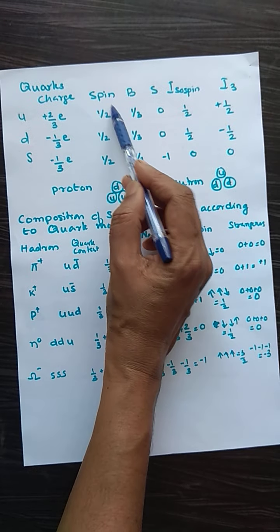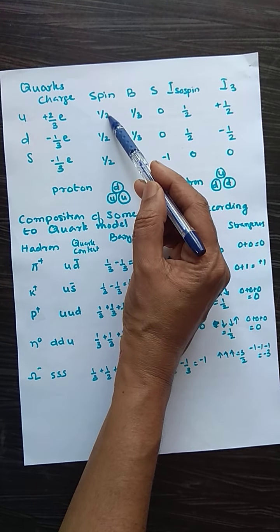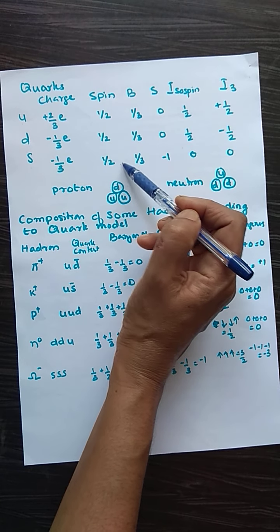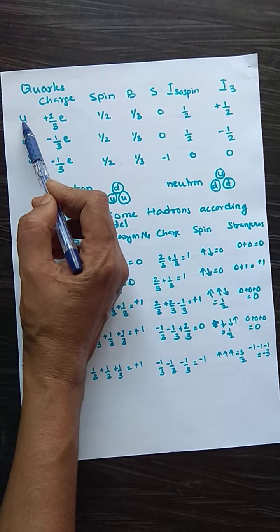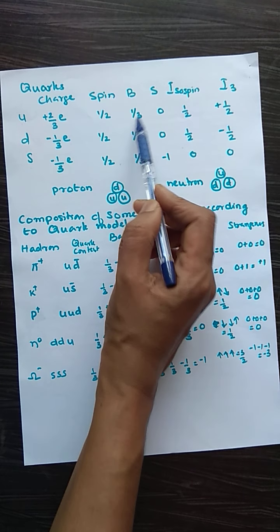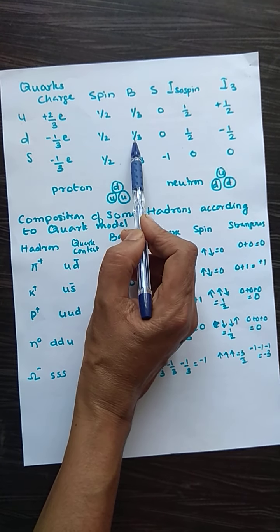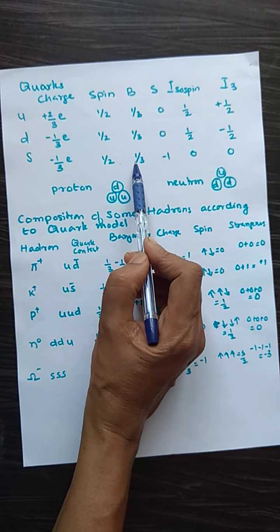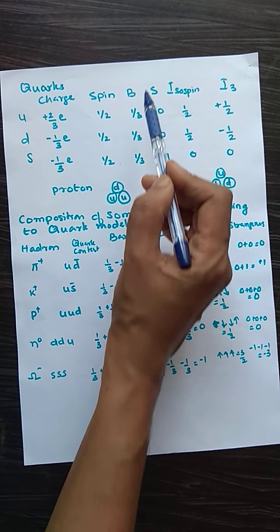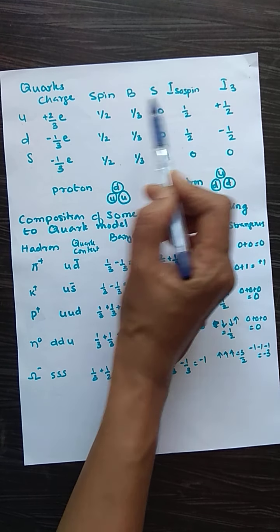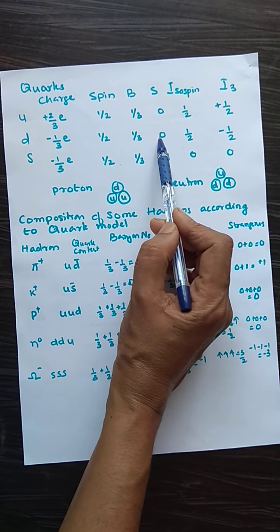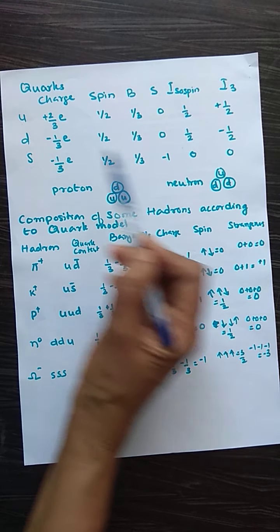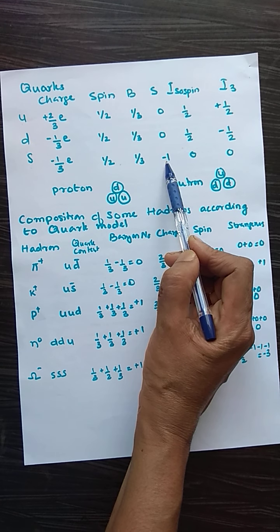And the spins of these quarks, they are spin half particles. Their baryon number: U quark has a baryon number 1 by 3, D quark has a baryon number 1 by 3, S has a baryon number 1 by 3. Then S is strangeness. U quark strangeness is 0, D quark strangeness is 0, S quark has a strangeness minus 1.